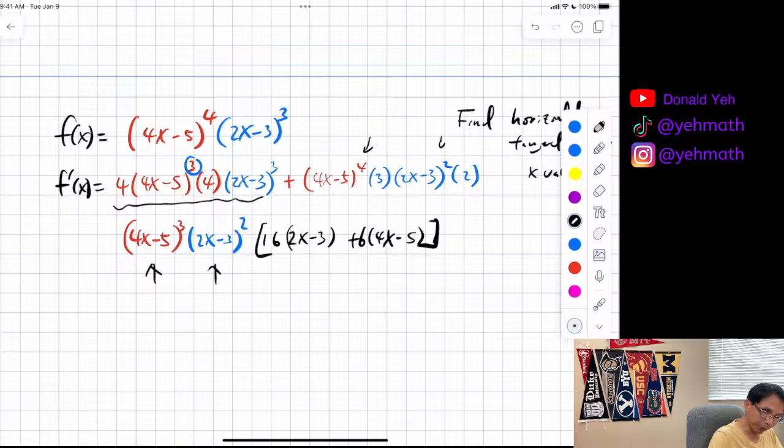So now I'm going to distribute that. That's going to be 32x minus 48 plus 24x minus 30. And that leaves 56x minus 78. Does that make sense?